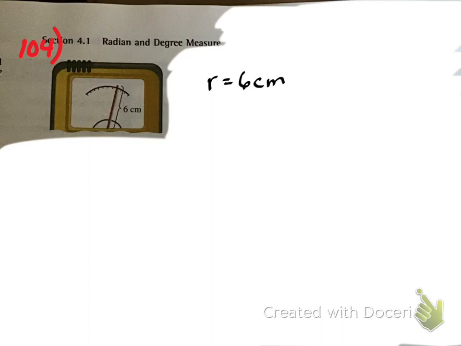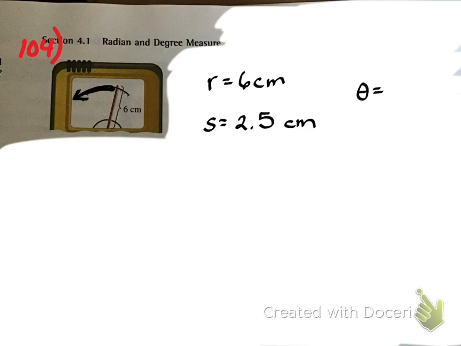It says find the number of degrees through which it rotates when it moves 2.5 centimeters on the scale. So if it's going to move 2.5 centimeters on this scale, that's a circular movement, so that's an arc. So S would be 2.5 centimeters on the scale.